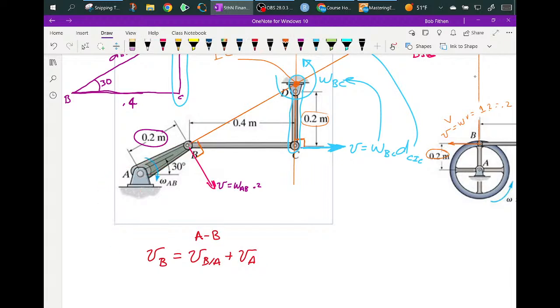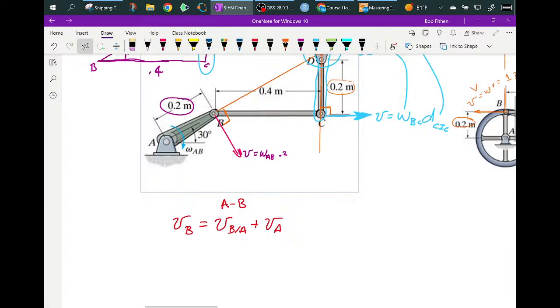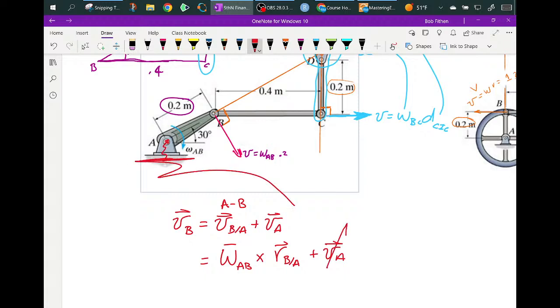I'm on that link. Since that is nothing more than omega AB cross R_BA plus velocity A, which in fact, since this is attached to the ground, that's going to be 0.